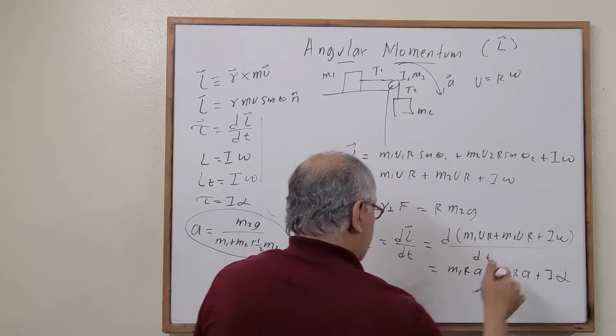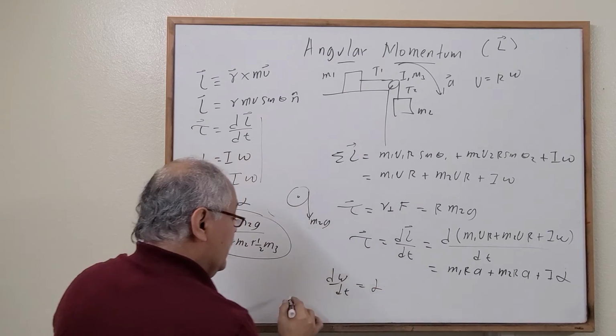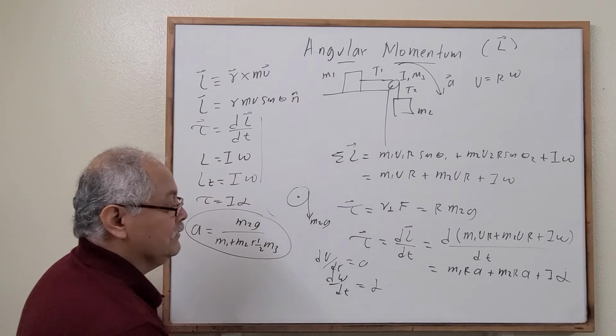Remember, the derivative of omega with respect to time is alpha, and the derivative of v with respect to time is acceleration.